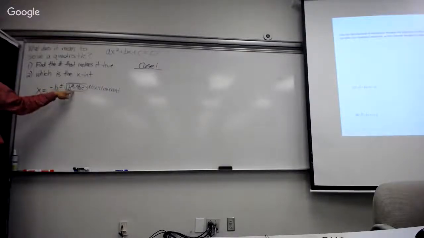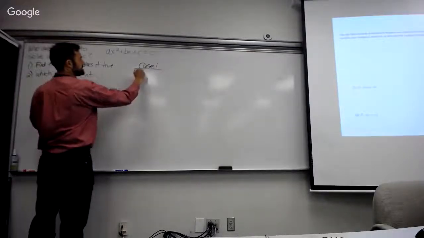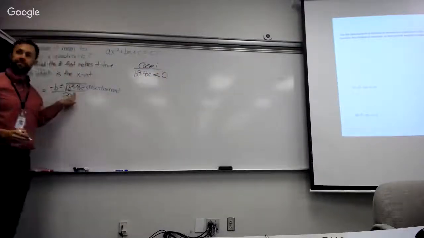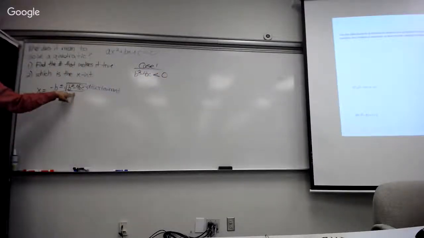What if the part underneath the square root, b squared minus 4ac, was less than 0? What does that mean? You compute it, and it turns out that it's less than 0, which means the number is negative. And that means we're square rooting a negative, and that means the answer is imaginary, right? So it means that there's an i involved.